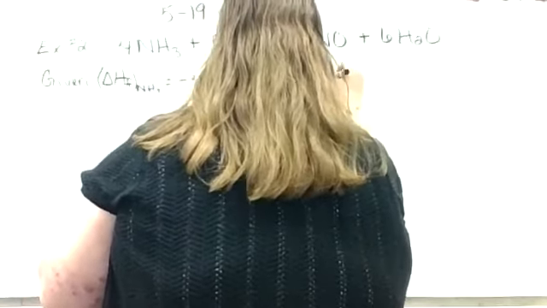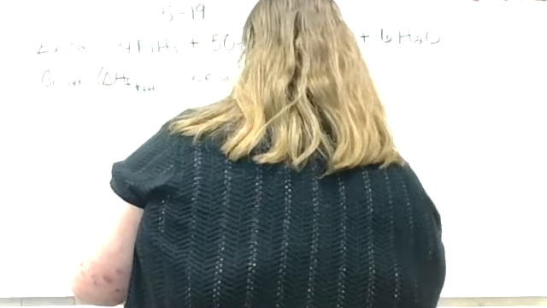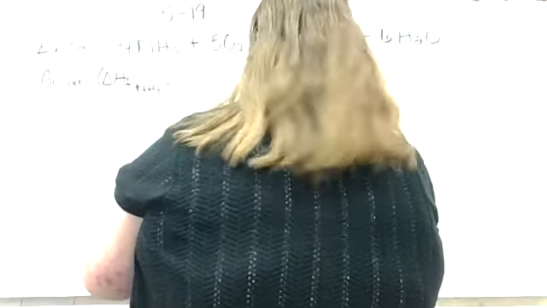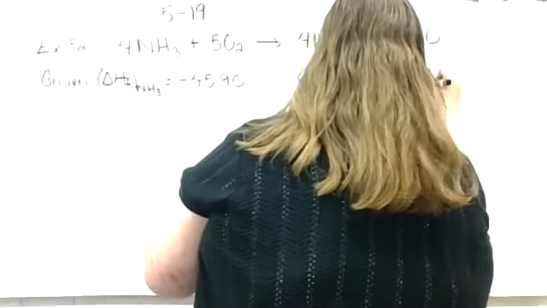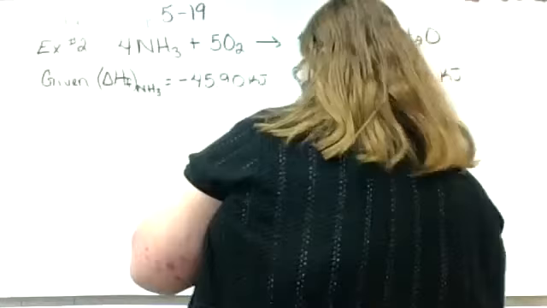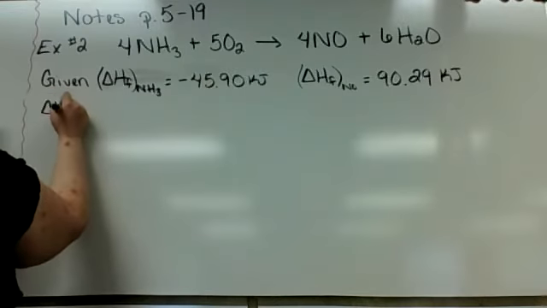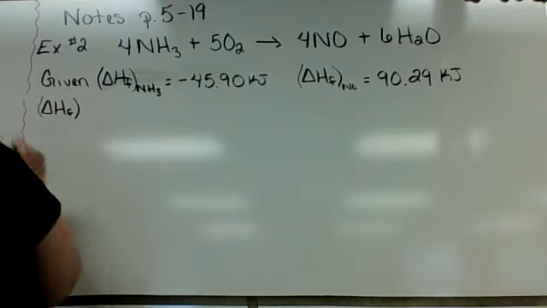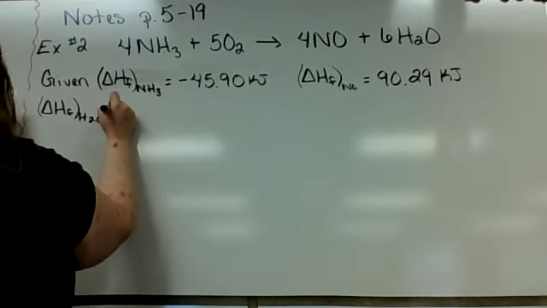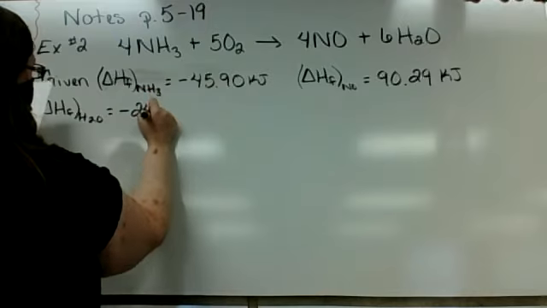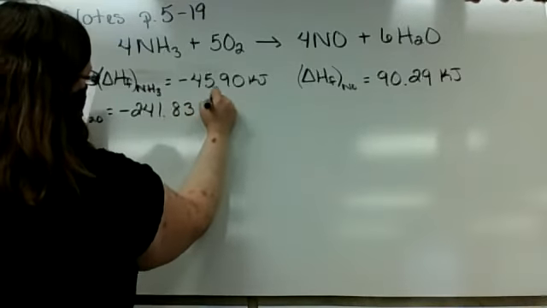Delta HF of NO is 90.29 kilojoules. And delta HF of H2O is negative 241.83 kilojoules.